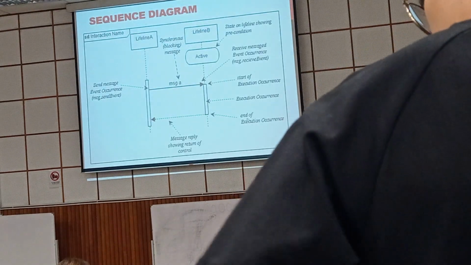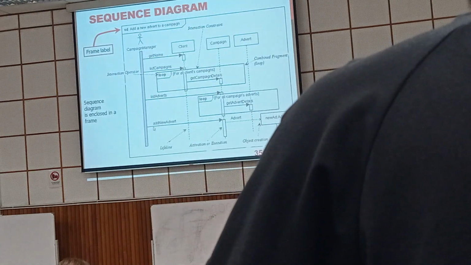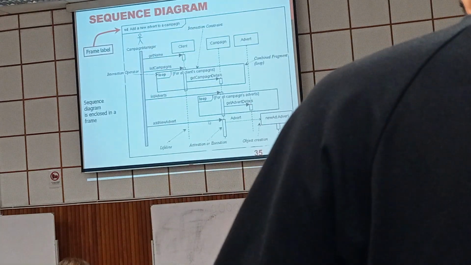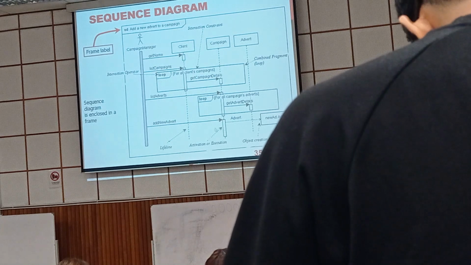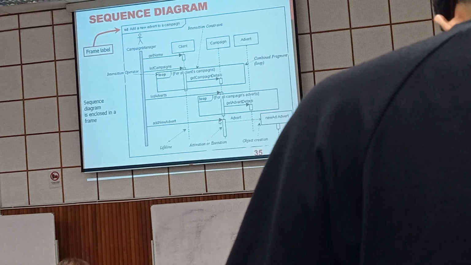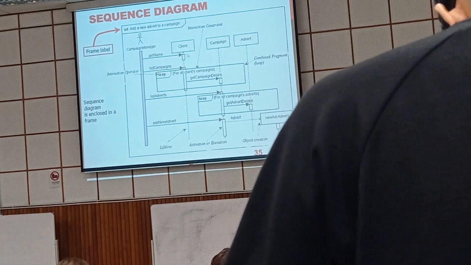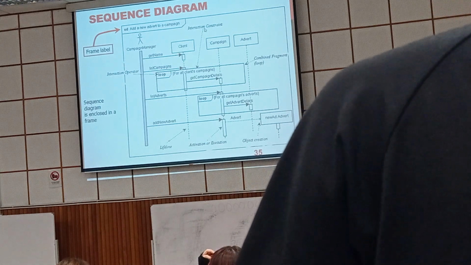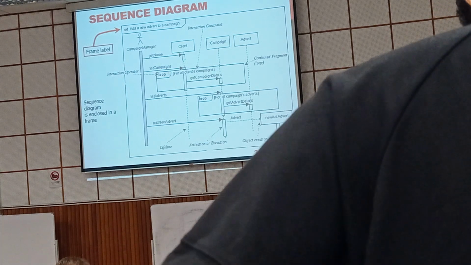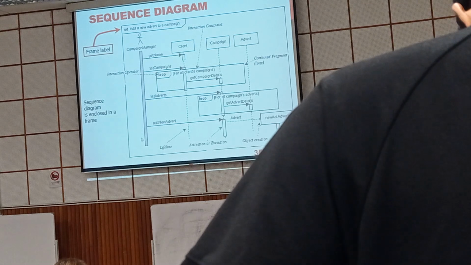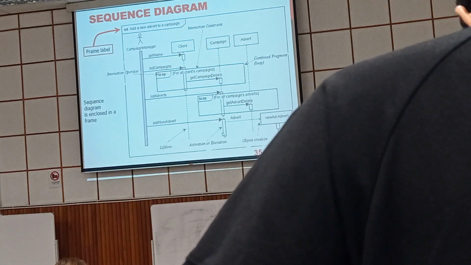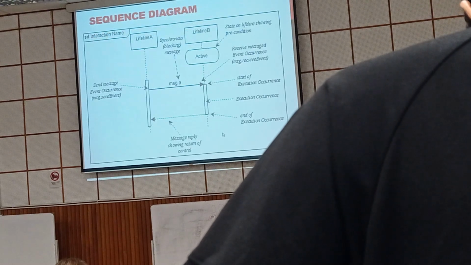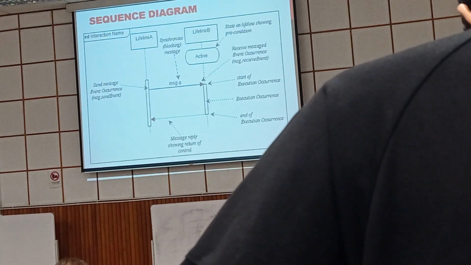This is the meaning of this line. This line is activating the object. Can you see that? This is called the interaction constraint. So you can see this line is actually activating the object. That is the synchronous message or activation line. You can call it anything.